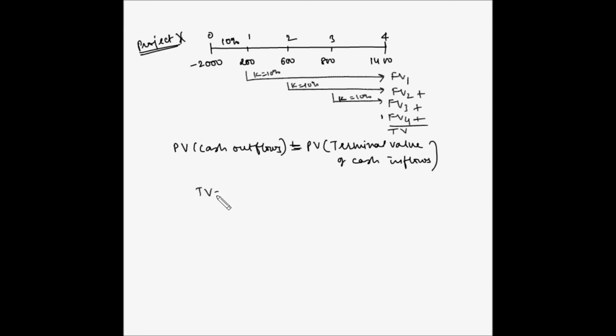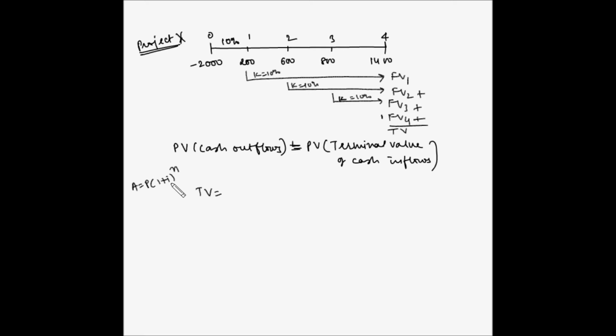So the terminal value is equal to, now we know from the formula of compound interest that A is equal to P into (1 plus I) to the power N. Here A is the final amount at the end of the tenure. P is the amount which is being deposited at the beginning of the tenure.